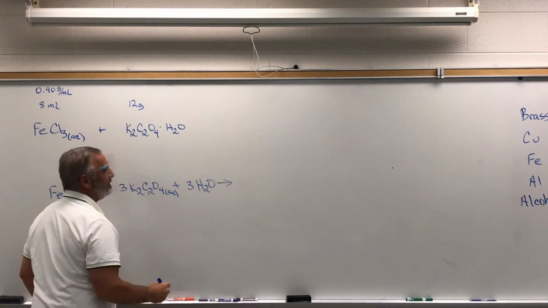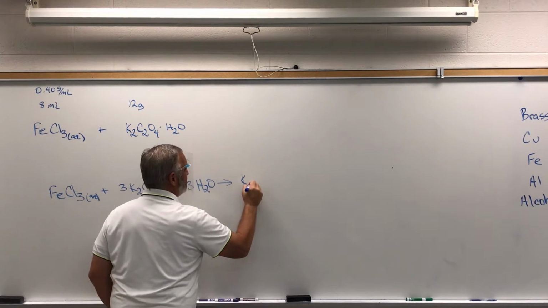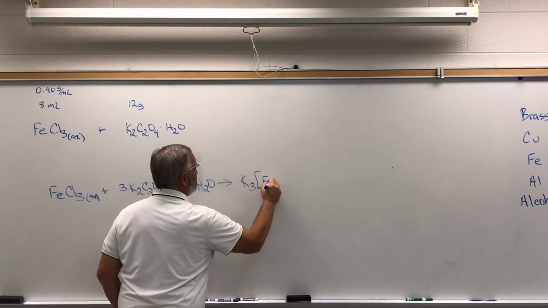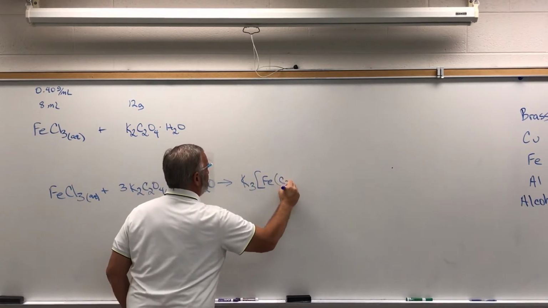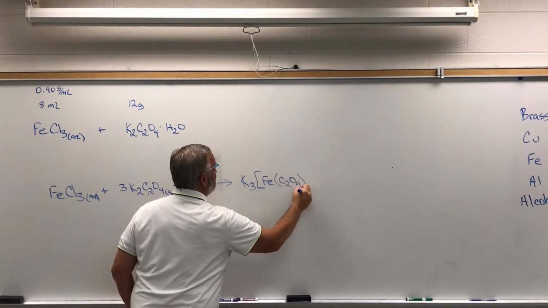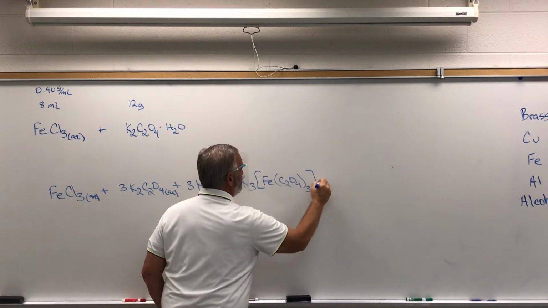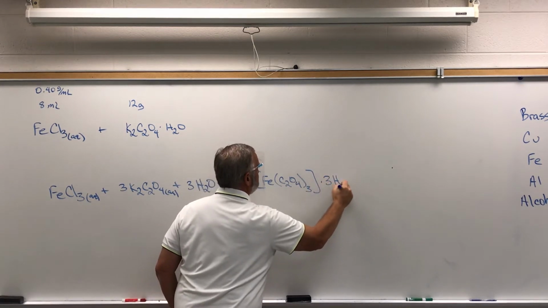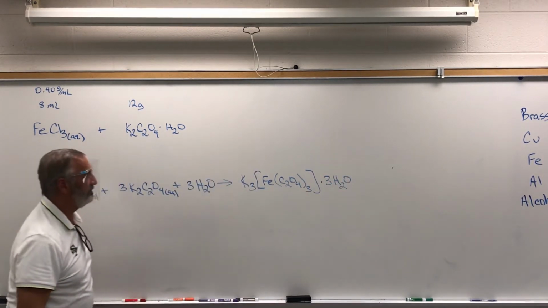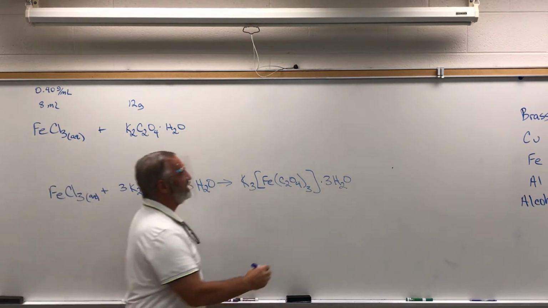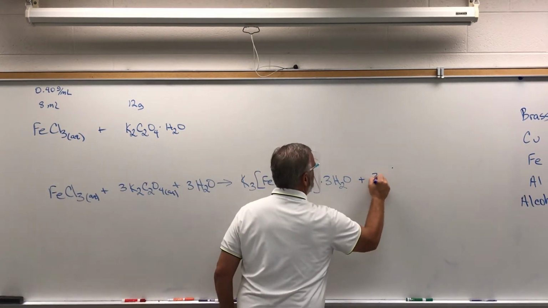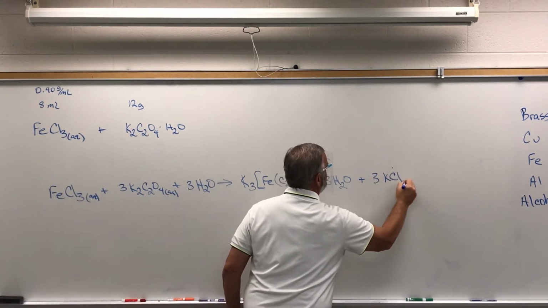And that's going to then make the potassium trisoxalato ferrate. That's your trisoxalato ferrate 3, because it's in the +3, trihydrate. Okay? And then we're going to get some KCl as well as a byproduct.